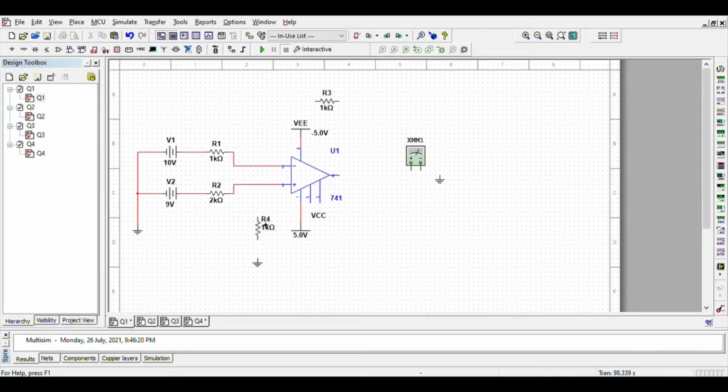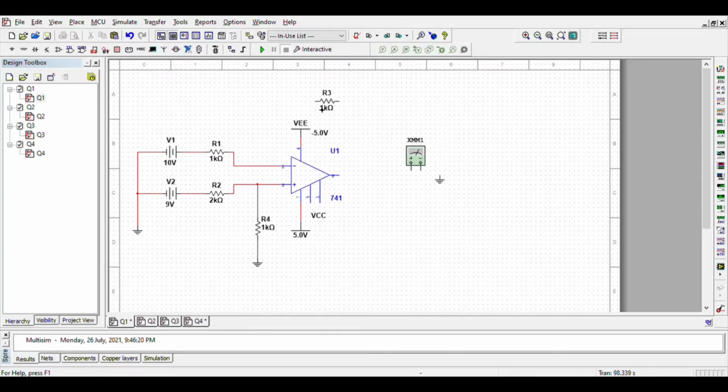Next, R4 connects at the positive input, between it and R2. Like this. Don't forget to put ground here. R4 needs to be connected to ground.